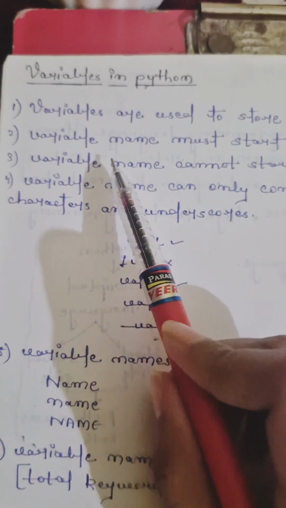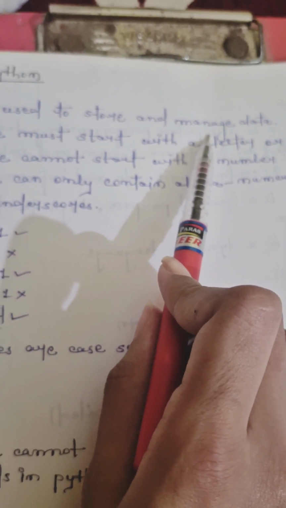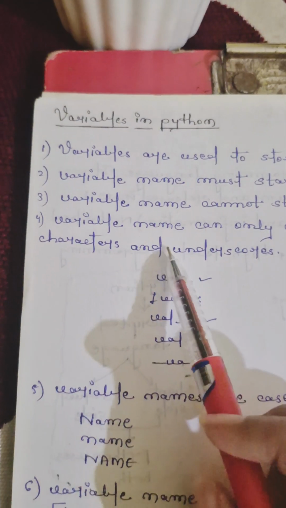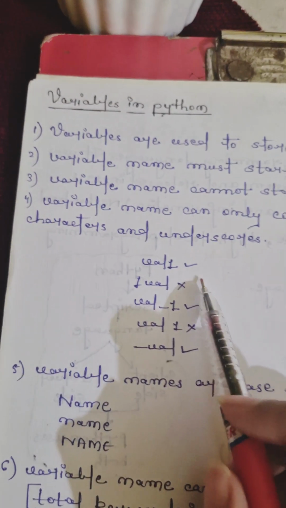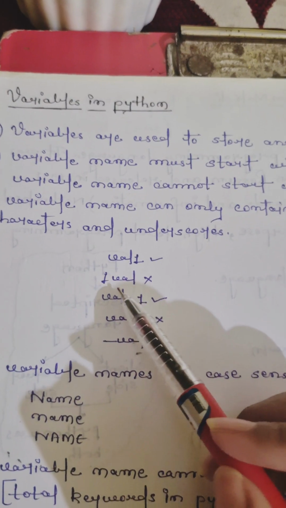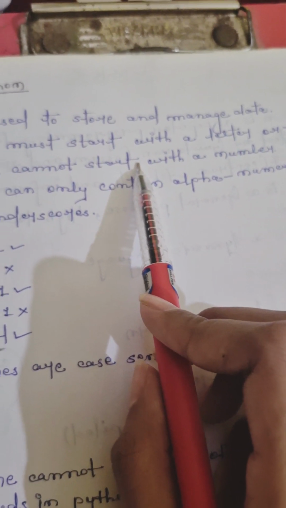Variables are used to store and manage data. What is a variable? Variables are used to store and manage data.